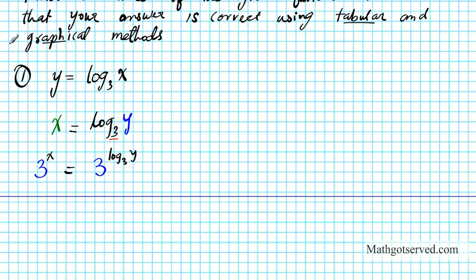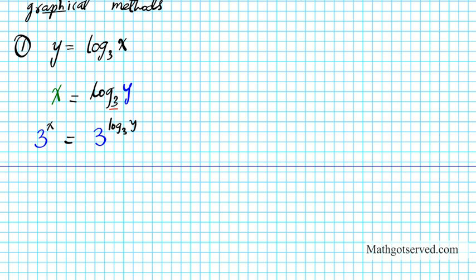On the right side, these are inverses, so they cancel out. Then, using the reflexive property of equality, y equals 3 to the x. So this y is the inverse: y inverse equals 3 to the x.